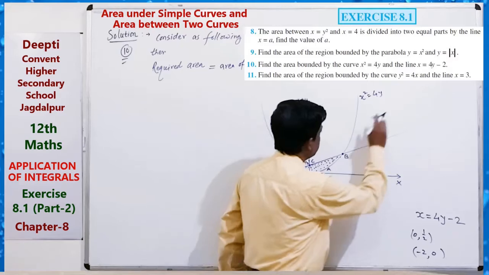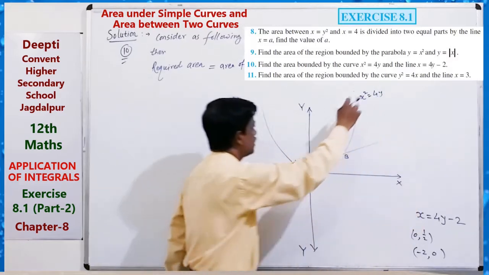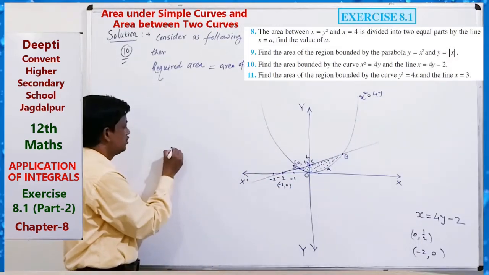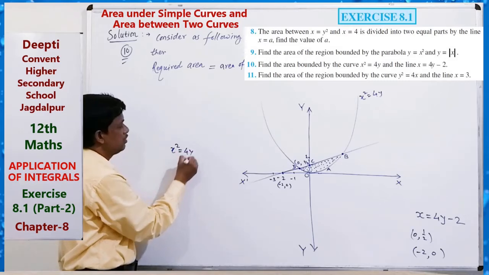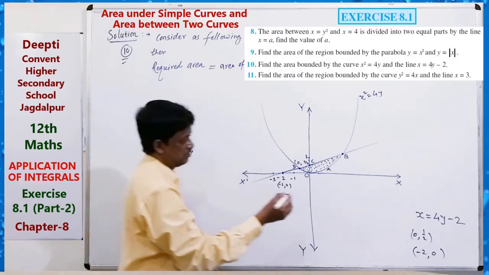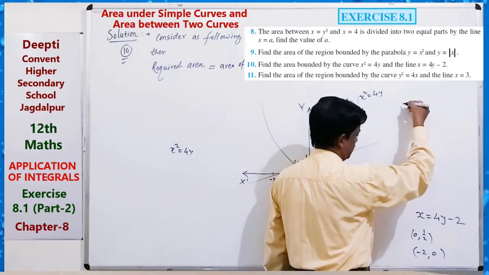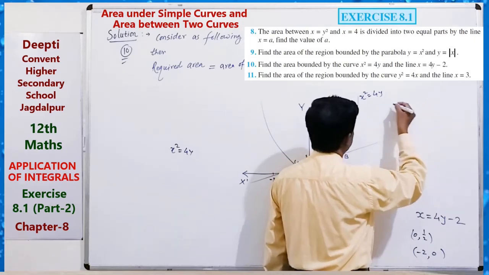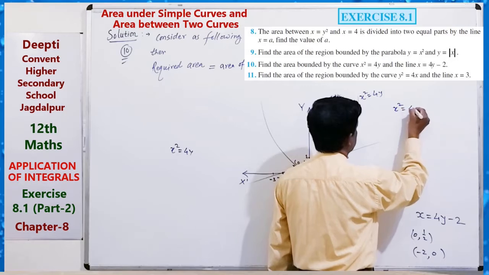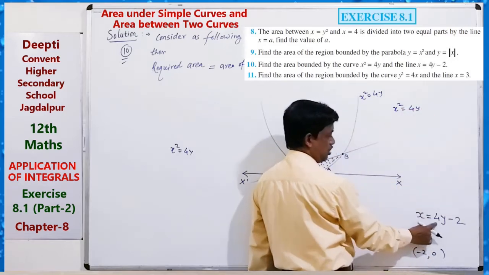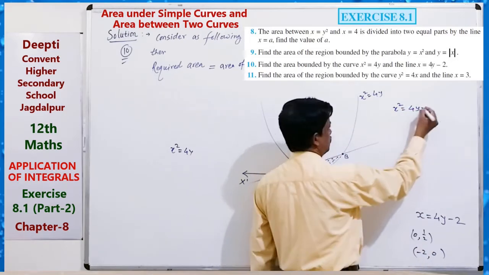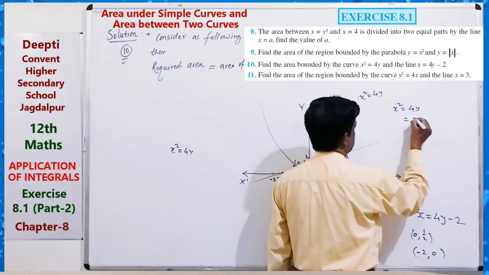So here our curves are x square equals to 4y and this line. So here x square equals to 4y and here 4y equals to x plus 2.